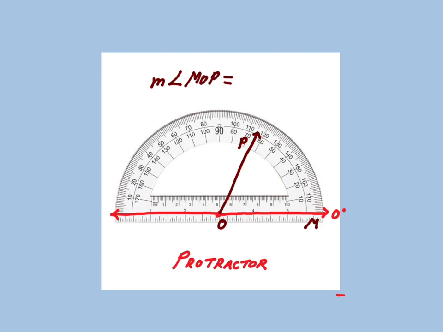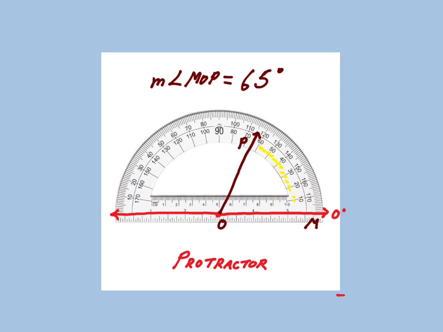Well, this opening is small. It's less than 90, so I'm going to use the numbers on the inside of the protractor, and I'm going to get a measurement of around 65 degrees.